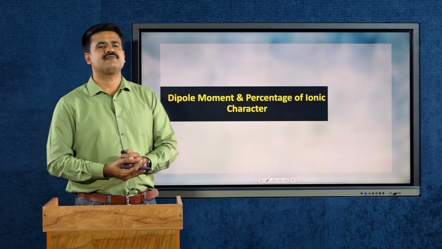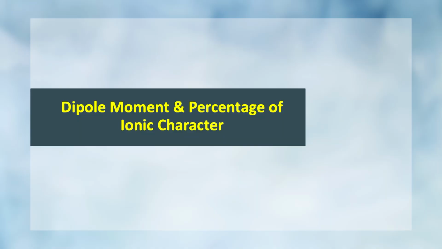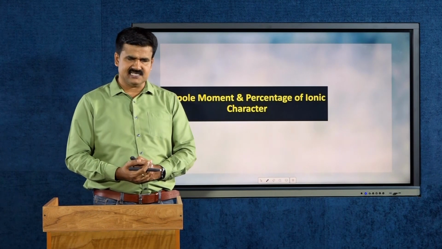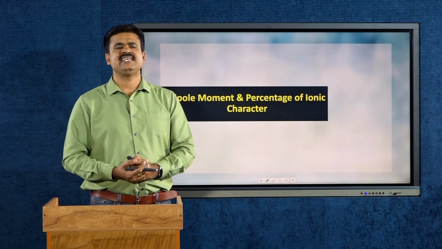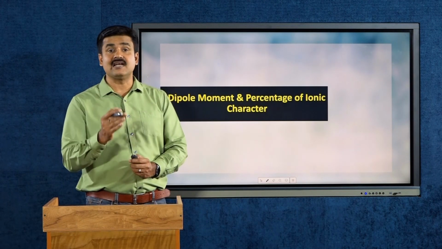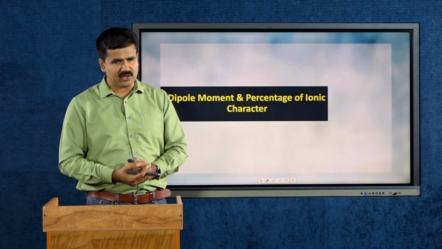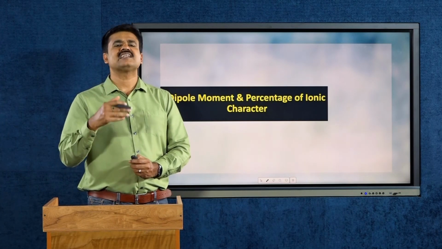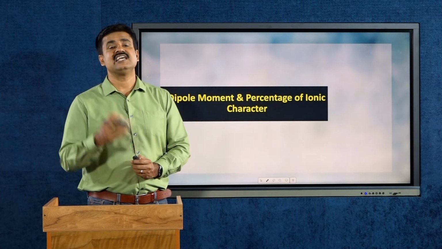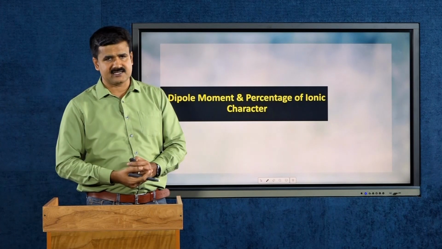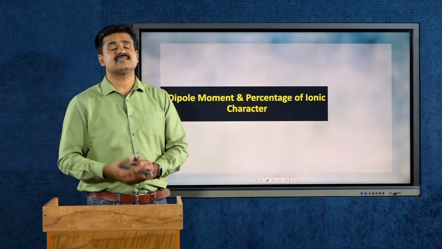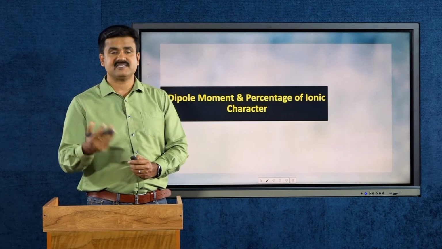Now, we are focusing on another aspect, dipole moment and percentage of ionic character. You know the fact that dipole moment is a measure of resultant polarity of a molecule. So, if there is resultant polarity, there may occur some ionic character. If polarity is 0, the ionic character will be 0.